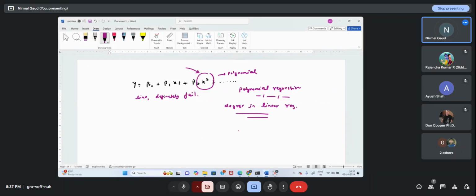That means you have to mention from your side whether degree n equal to 2 is suitable to find the relationship between x and y, or degree 3 is suitable to find the relationship between x and y. What could be the value of n suitable to find the relationship between x and y?